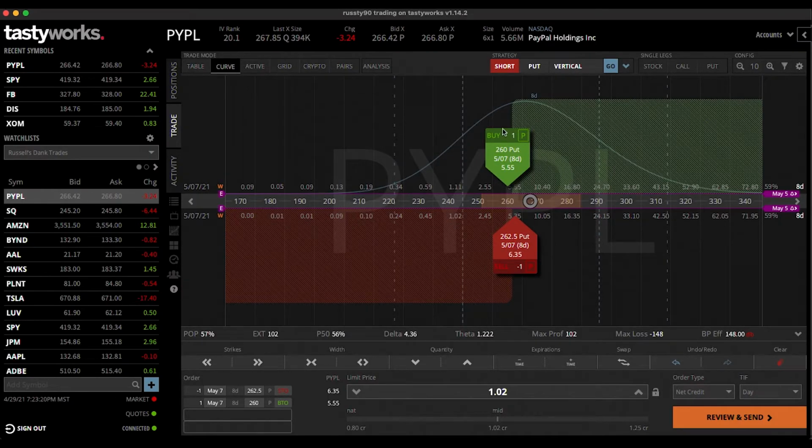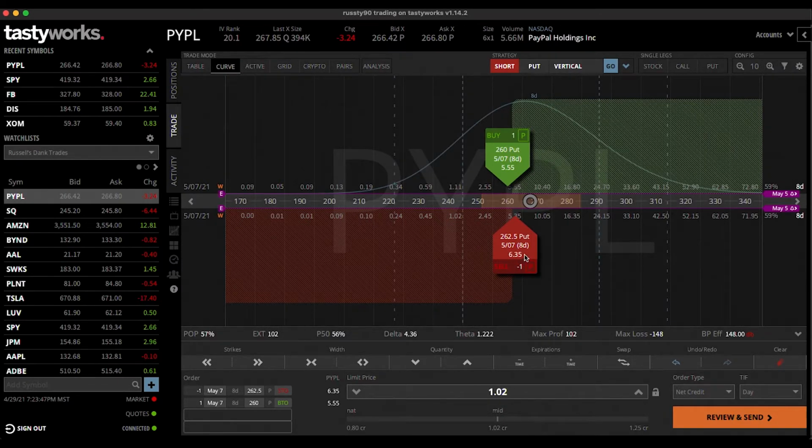But basically, what a vertical put credit spread is, someone is saying that the stock is going to be below $262, and they're going to pay you $6.35 per contract, but you need 100 shares to do this, right? So you're saying, okay, I believe that you're going to be wrong, and PayPal is going to be above this number, 262, by the 7th. So I'll take your money, but I'll risk 100 of my shares to do that.